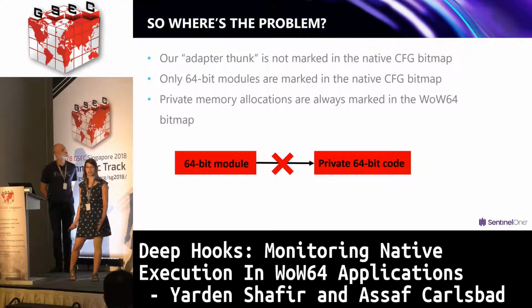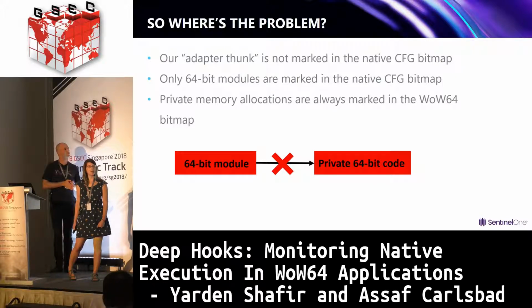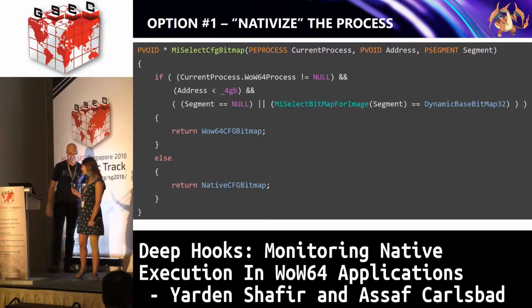It's not marked in the native bitmap. So the validation routine assumes it does not make a valid call target and crashes all of our processes. This seems to put an end to our APC injector in Windows 10, but we kind of like this solution and didn't want to give up on it just yet. So now I'm going to do what I usually do in such cases and ask Asaf to solve the problem.